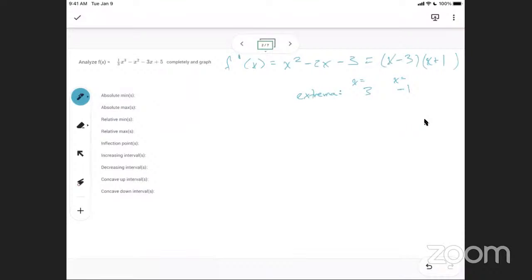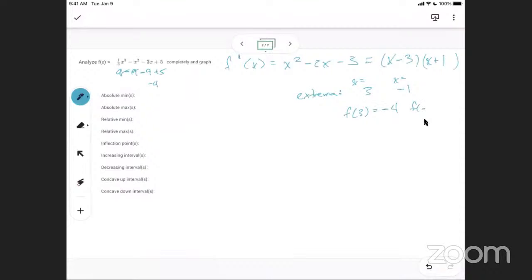And then if we take the double derivative, well, let's go ahead and find out what's f of 3. If you plug that in, one of those 3's is going to cancel. So this is going to be 9 minus 9 minus 9 plus 5. So it's -4.